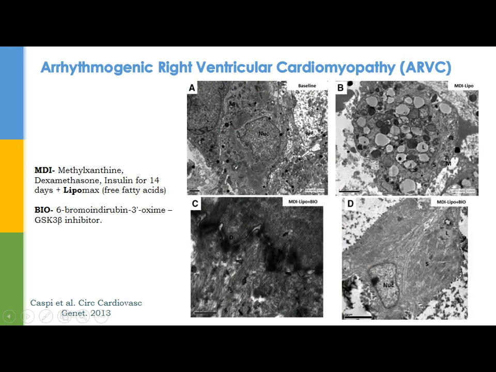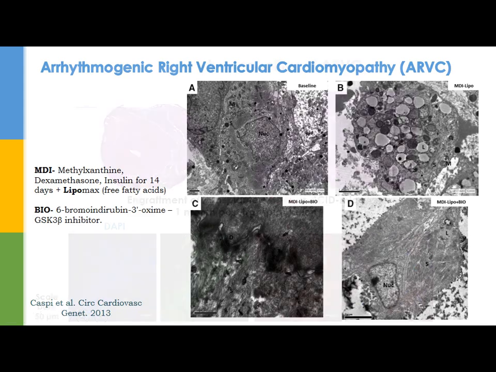When we try to model this disease in vitro, this is an adult onset disease, we didn't succeed to get lipid droplet accumulation, and we got it only by applying very aggressive metabolic stress. So actually applying very aggressive metabolic stress masked the pathogenesis of the disease, and we had problems with this model.